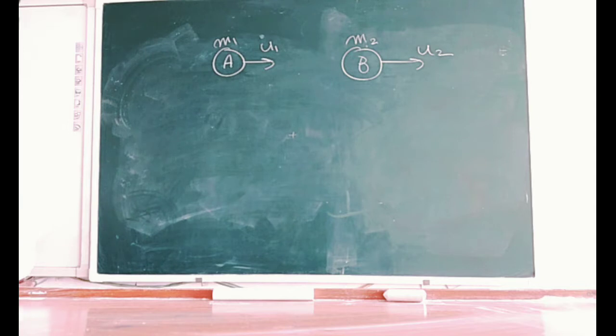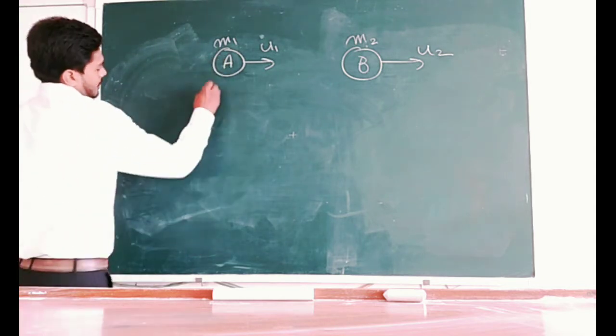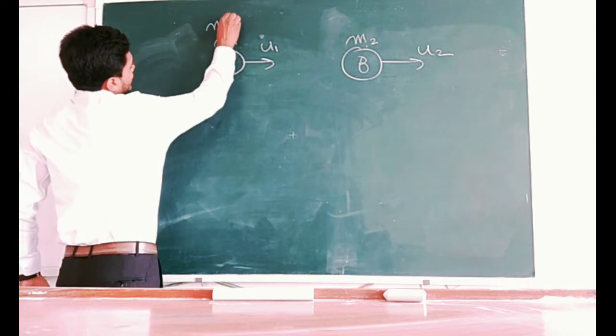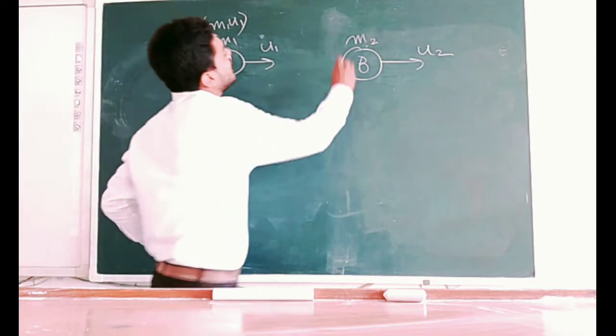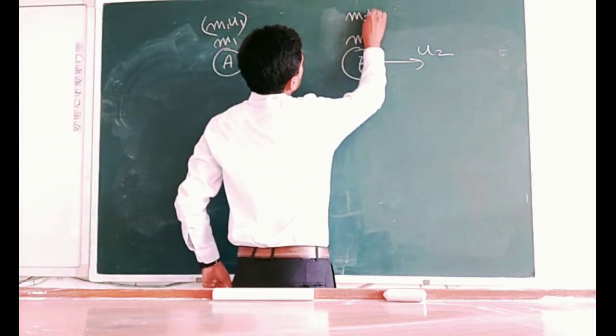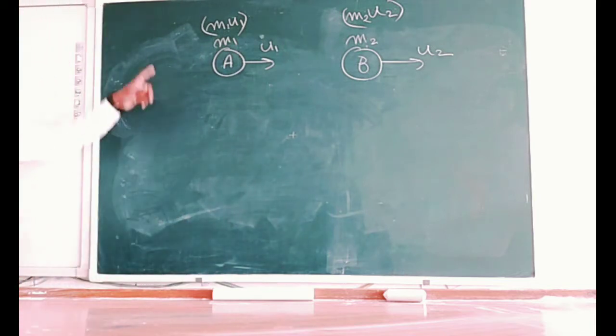Then what will be the momentum of A? This will be m1 u1, and the momentum of B will be m2 u2.